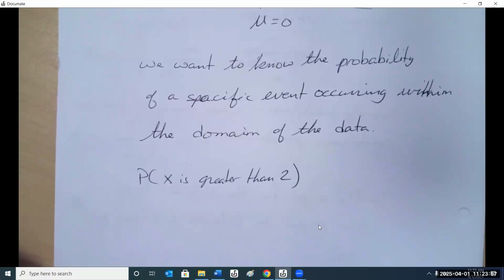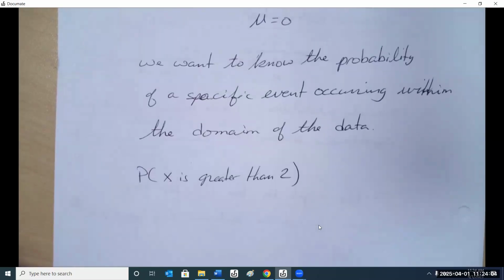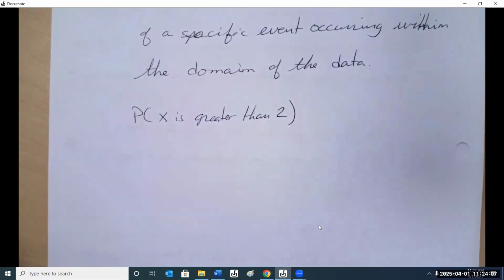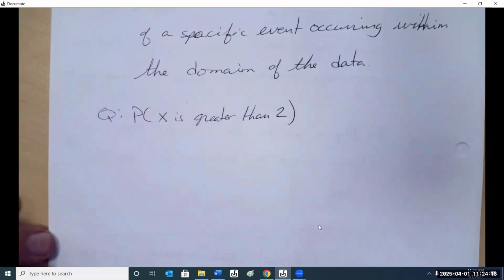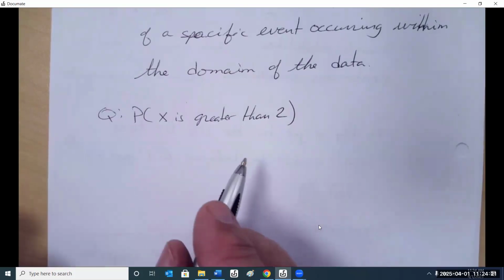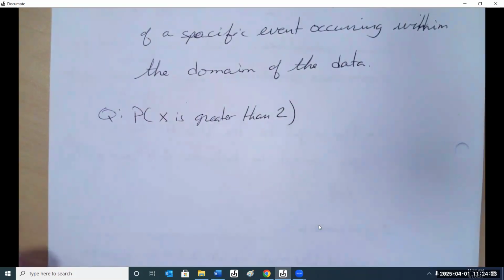So how would you find that out? Well, you only have one die. You roll it. What's the chance of getting a bigger number than 2? Why do you say 4 out of 6?